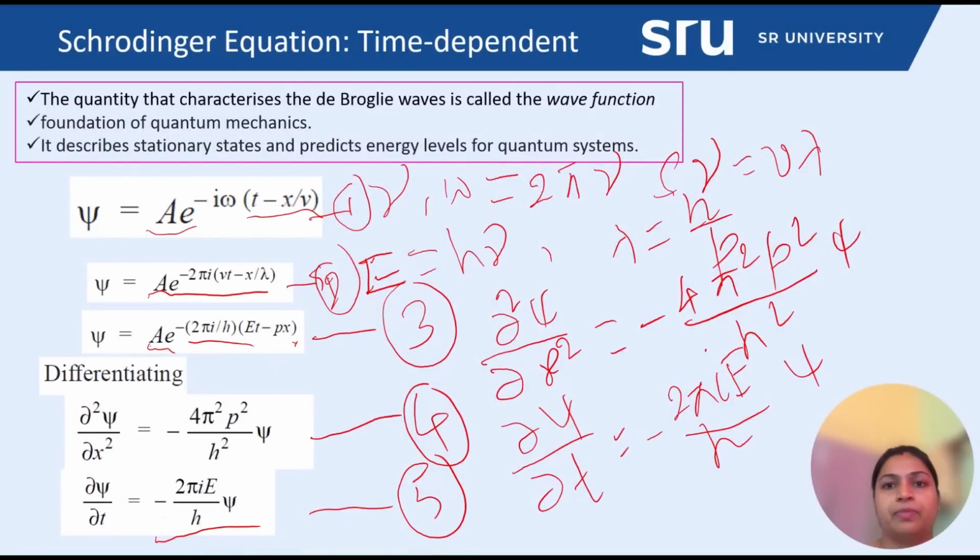At a speed small compared to that of light, the total energy of the system is basically the sum of the kinetic energy and the potential energy.